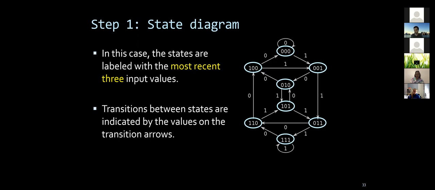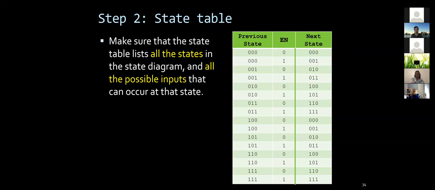Okay, let's continue. Let's look at the state table. Remember, we need to make sure that the state table covers all the states in the state diagram, and it also depends on the input. So this is a little bit of a complication from a regular truth table, right?